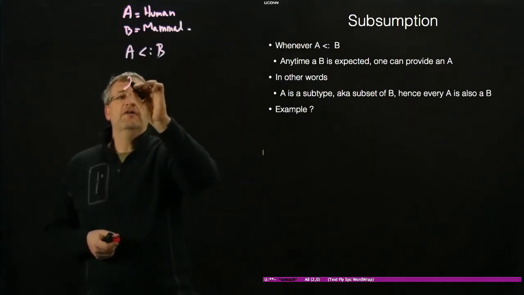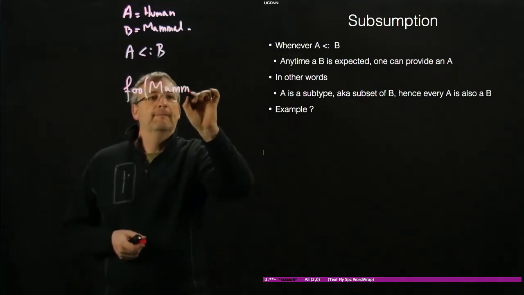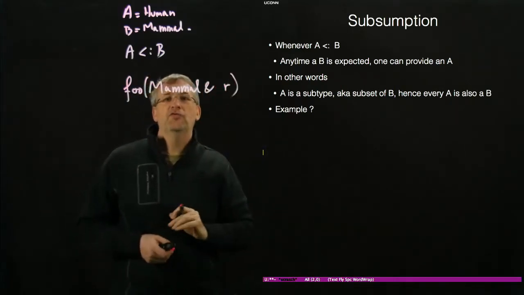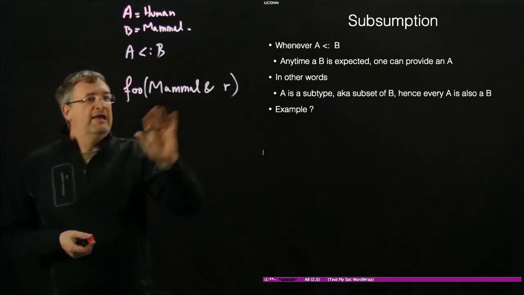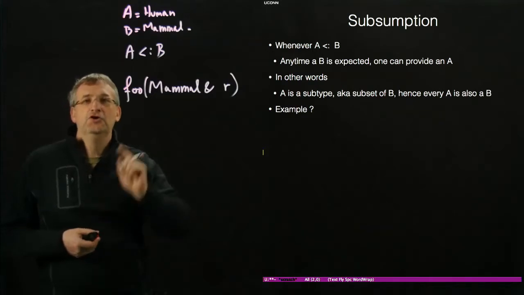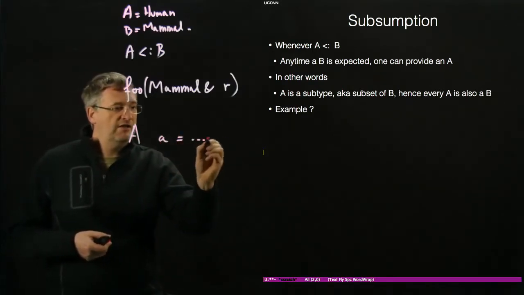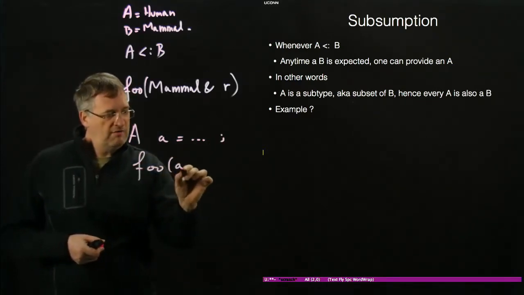So let's say that you have a function foo that expects a mammal reference, say. So foo expects a reference to a mammal. That's what you have. Now, if you have on your hands an A, you can pass, for example, you have a little a equal, and it's been initialized, then you can say foo of a.